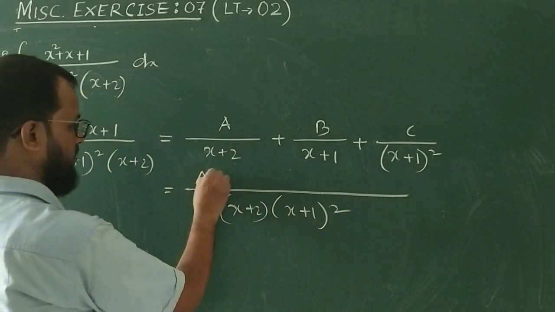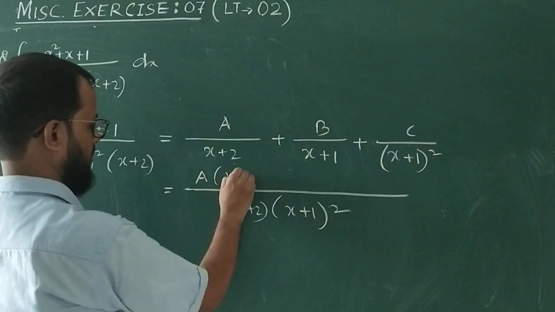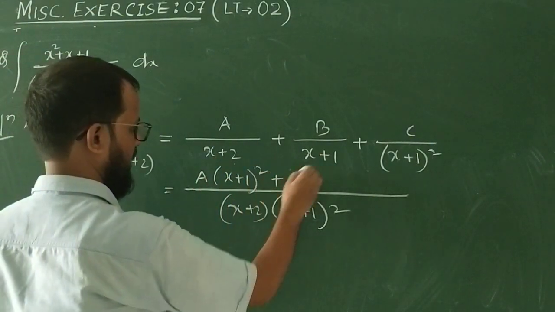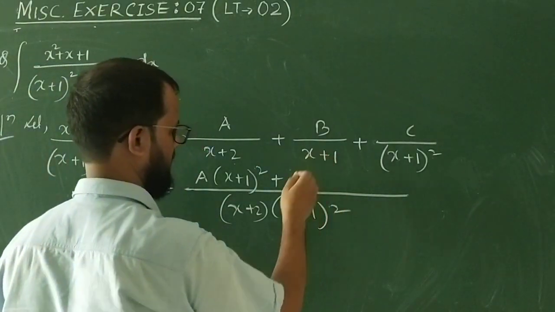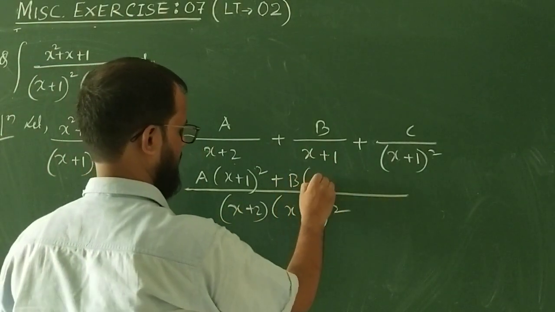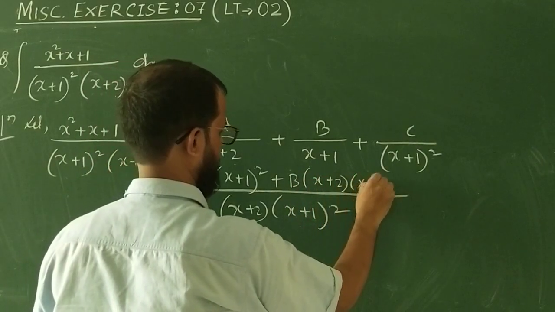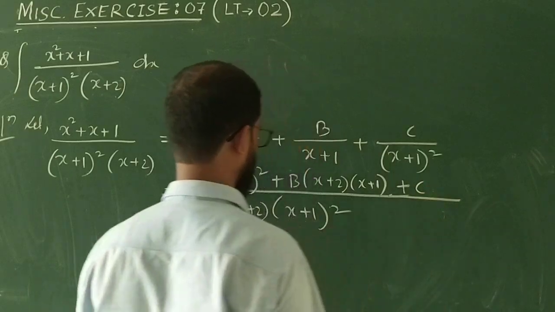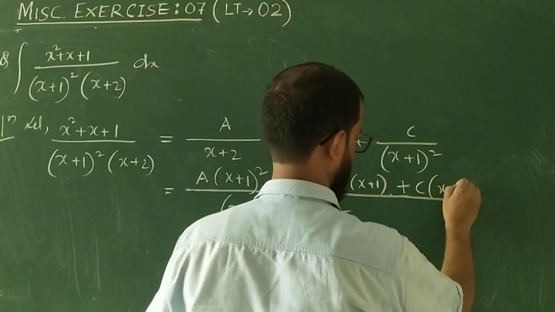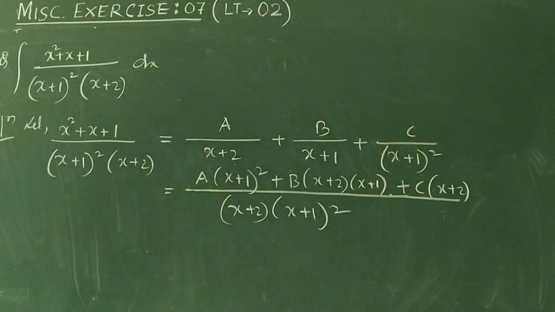After taking the LCM you will get a into x plus 2 cancels, so x plus 1 whole square remains; and one x plus 1 cancels with this, so x plus 2 into x plus 1 remains; and this c will be multiplied by only x plus 2. Finally we take the LCM, and the denominators cancel.